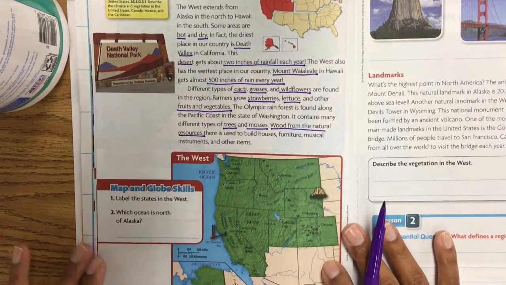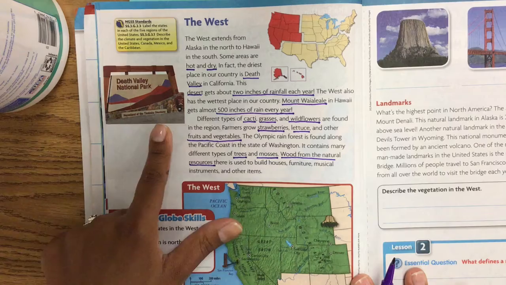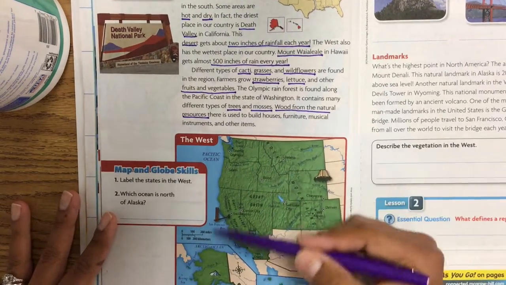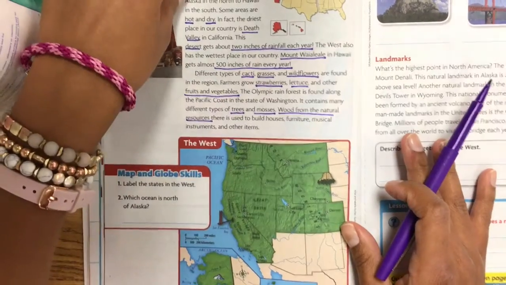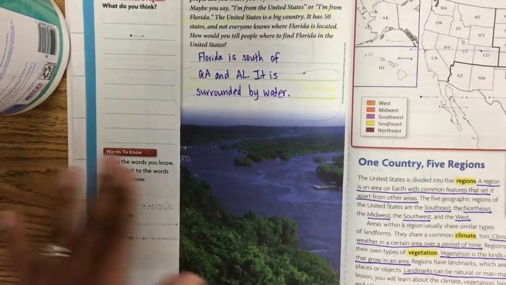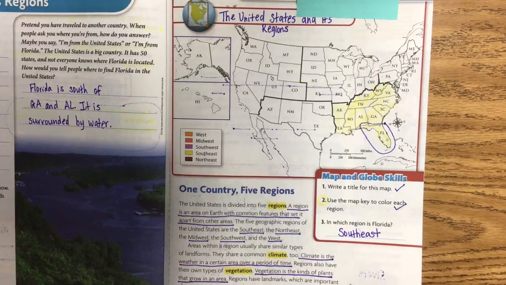Now let's take a look. Actually, you can see here Death Valley National Park would be the welcome sign. And then we see a picture of the West. So just a reminder that you have been doing a really great job labeling each of the states in each region.